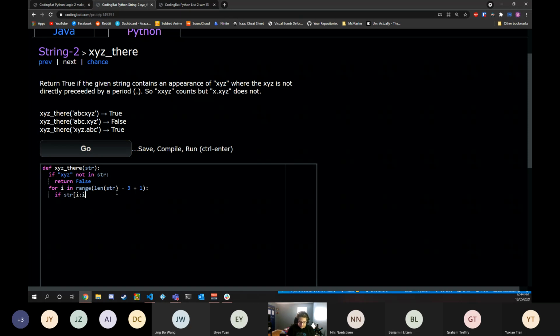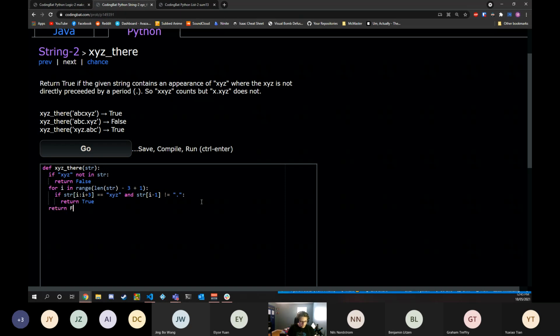If string at I to I plus 3 is equal to XYZ, then I'm going to use an AND clause to check if I minus 1 is a period. So if the string is XYZ and the item immediately before that string is not a period, then I can return true.